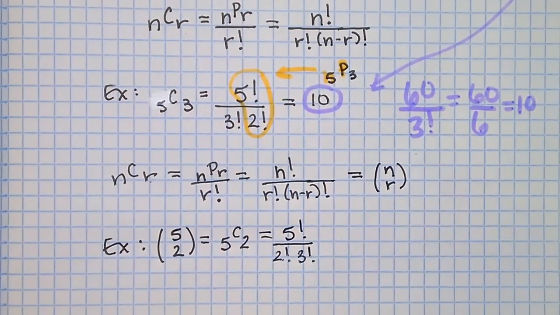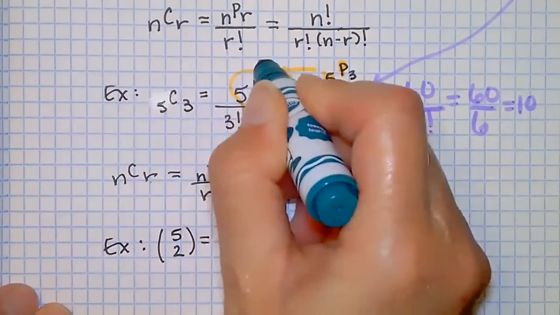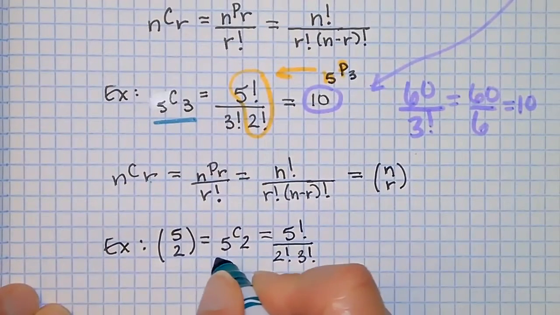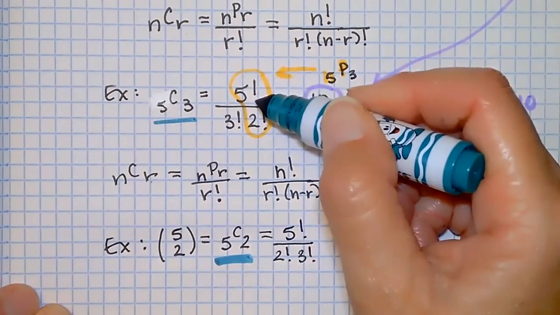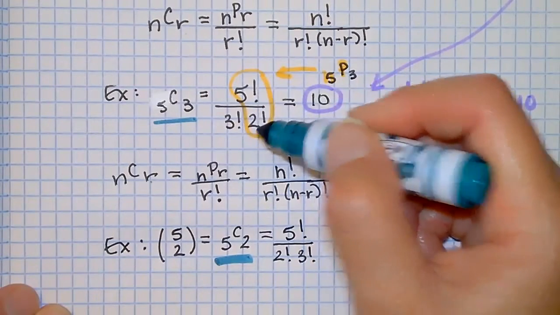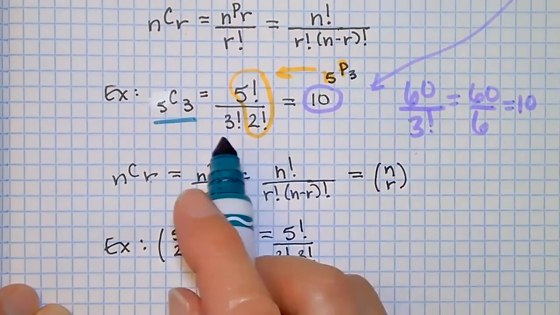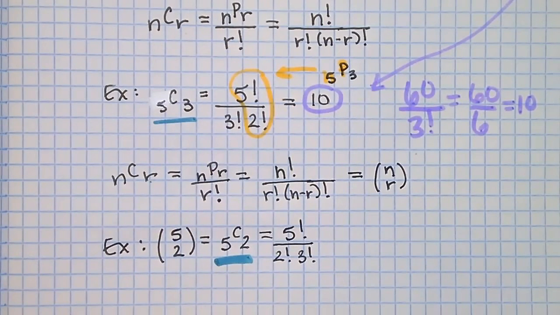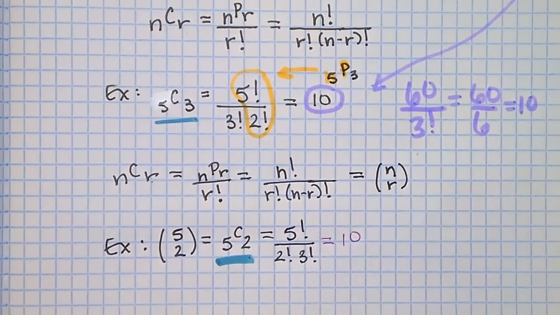And what I want you to notice is that this one here, 5 choose 3, and this one here, 5 choose 2. See how I have 5 factorial, and then on the bottom 3 factorial times 2 factorial? Same thing here. The order of these doesn't really matter because multiplication is commutative. And so this again is going to equal 10.